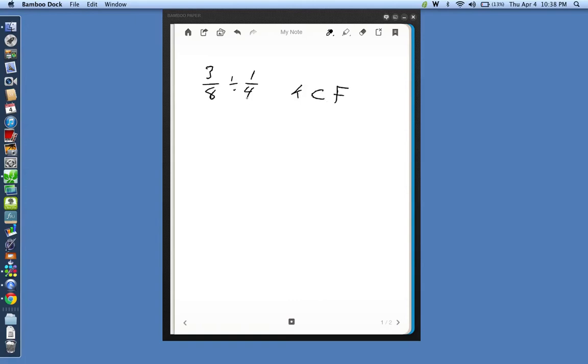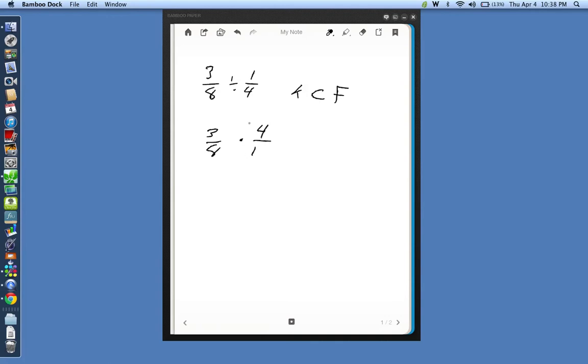So what I mean by keep, change, flip is that we're going to keep our first fraction, change our operation from division to multiplication, and flip the second fraction. So 1/4 becomes 4 over 1, and that just means we're taking the reciprocal.